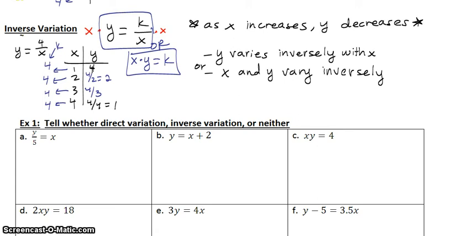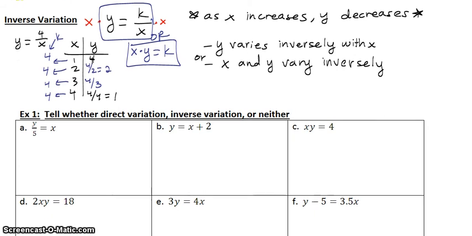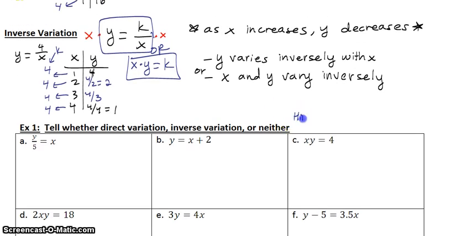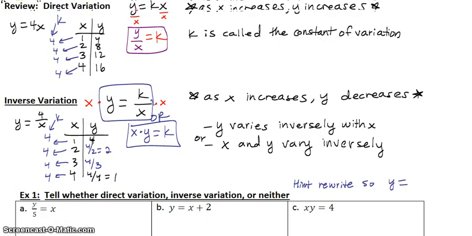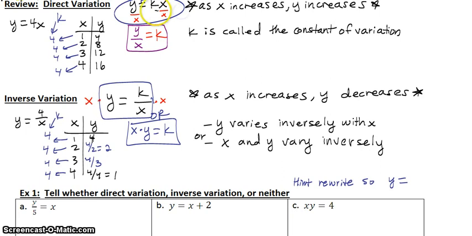Alright. For example 1, we're going to determine if each of these situations is direct variation, inverse variation, or neither. My first hint is to rewrite so it's y equals something, because that's what both of our equations look like. The other thing I want to point out is I don't have any plus signs or minus signs in here.